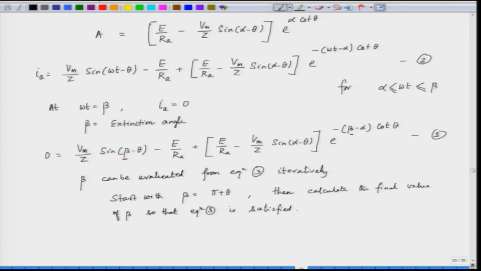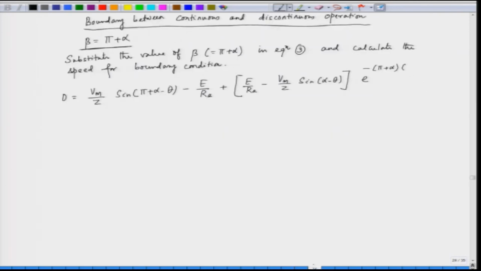We are substituting beta by pi plus alpha, so alpha and alpha will cancel, and we get exponential of minus pi cot theta. So, this is the condition for which there is a boundary between continuous operation and discontinuous operation.